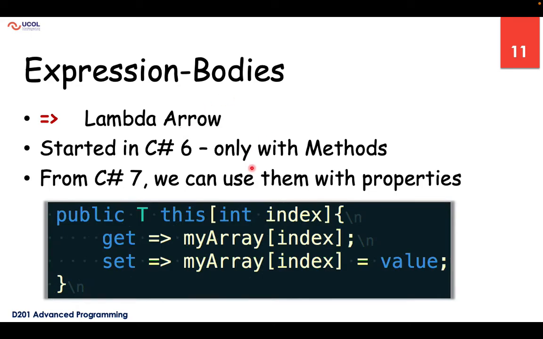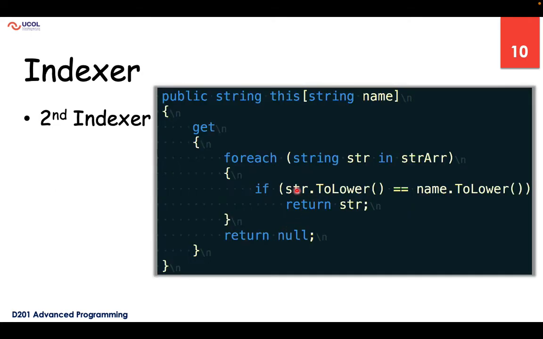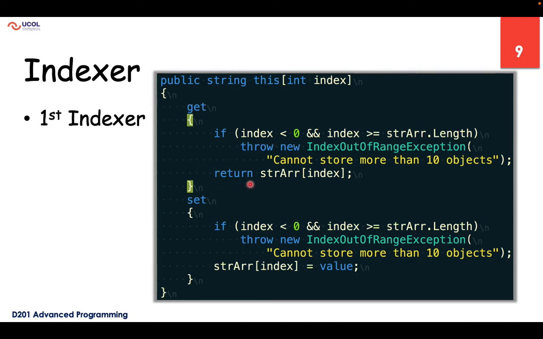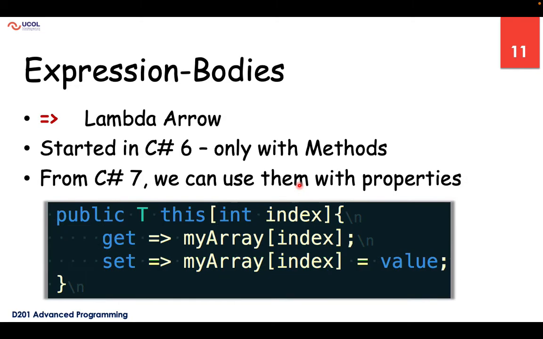Consider here, we say get return this, but instead of the brackets we say get arrow my array index. We have removed the brackets and the return keyword, and it is going to return the value.